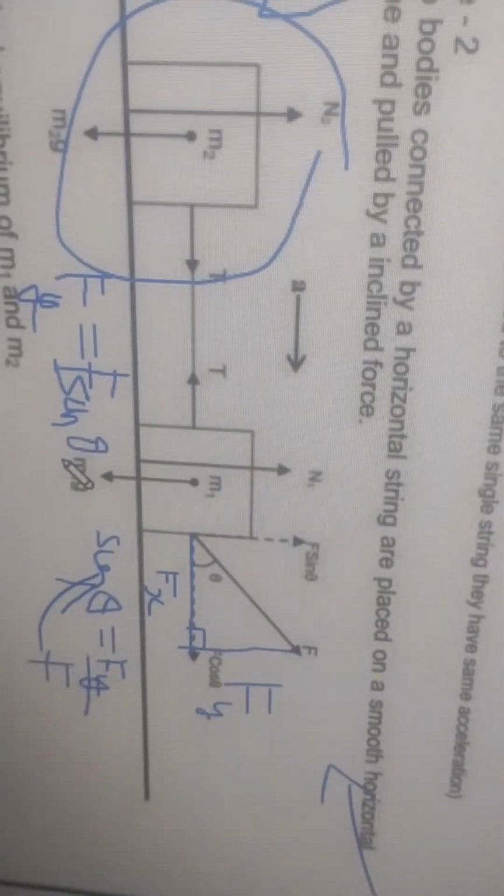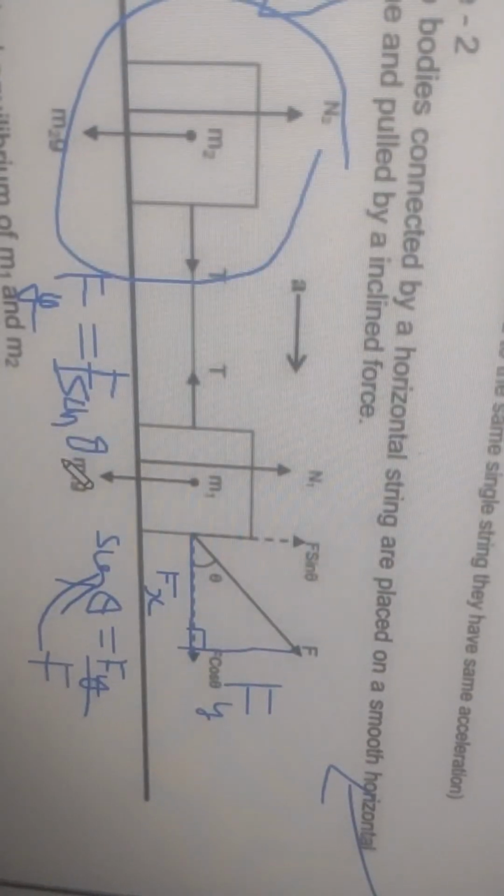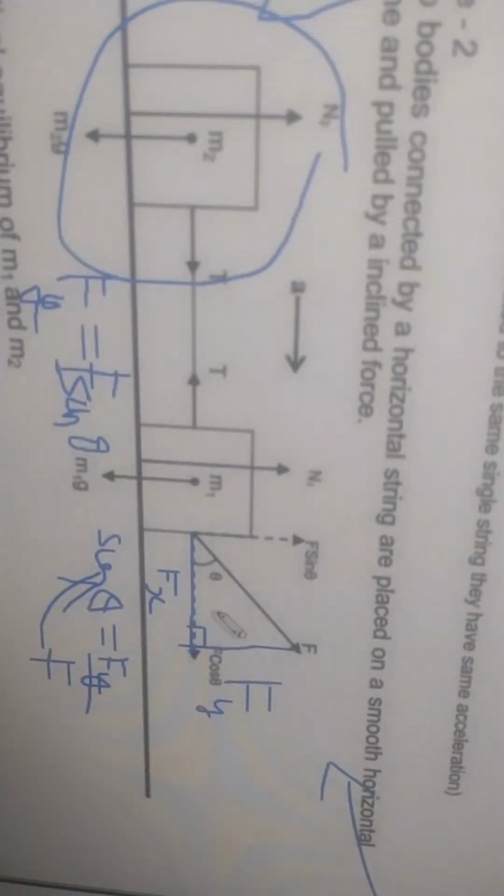So Fy is equal to F sin theta, and for F of x we have to find cos theta. Cos theta is equal to b by h.